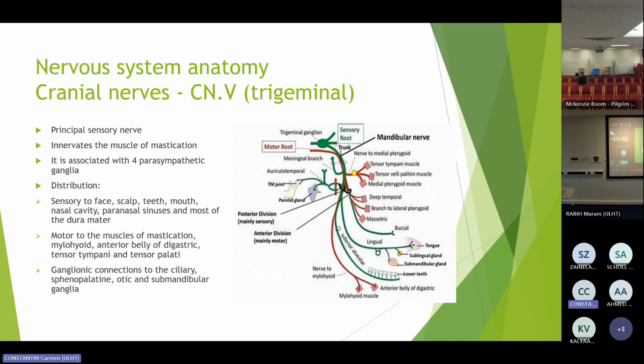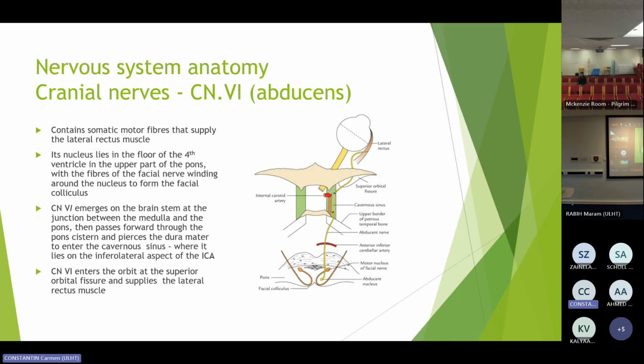Also it is providing motor distribution to the muscles of mastication, anterior belly of the digastric, and tensor tympani, tensor of palate. And not the least, ganglionic connection to the ciliary, sphenopalatine, otic, submandibular ganglia. It is a very complex and important sensory nerve.